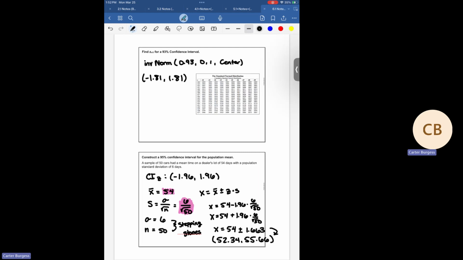Okay, so what does it mean that we got a confidence interval at 95% with these values? Our interpretation is that we are 95% sure, or percent confident, that the true mean falls between these values.